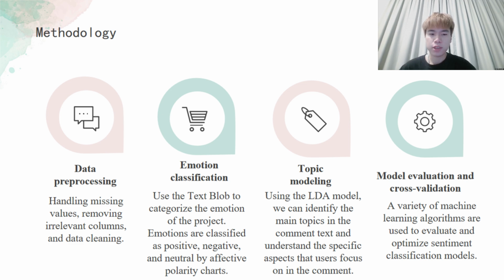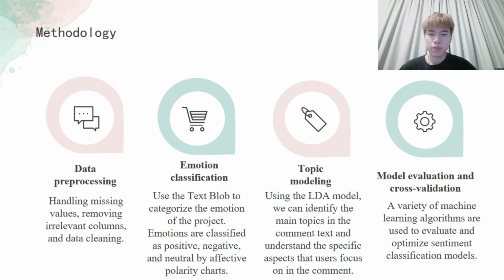In the first step, I processed the data and then used the processed data to classify the sentiment of the user reviews. I classified reviews with an emotion polarity score greater than 0.01 as positive reviews.